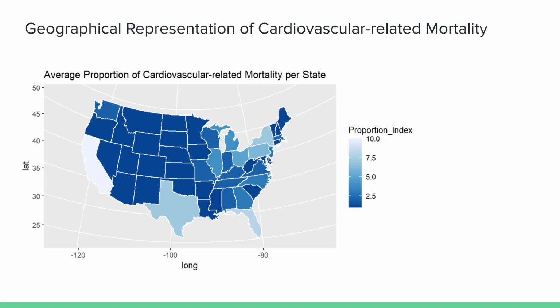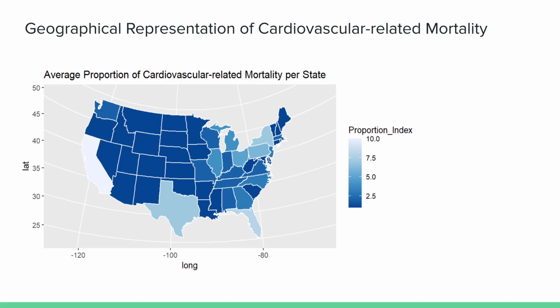Upon graphing it out, one thing that we could see is that states that have very large mortality rates were states like California, Texas, Florida, New York. And states that have very low mortality rates were, for instance, Nevada, Colorado, Wyoming, Oklahoma.